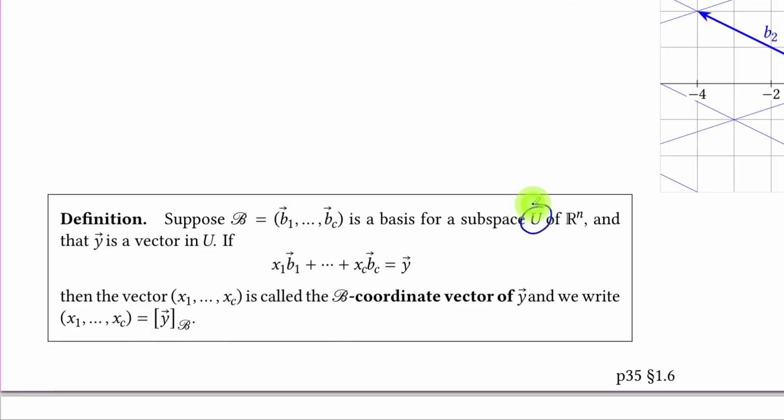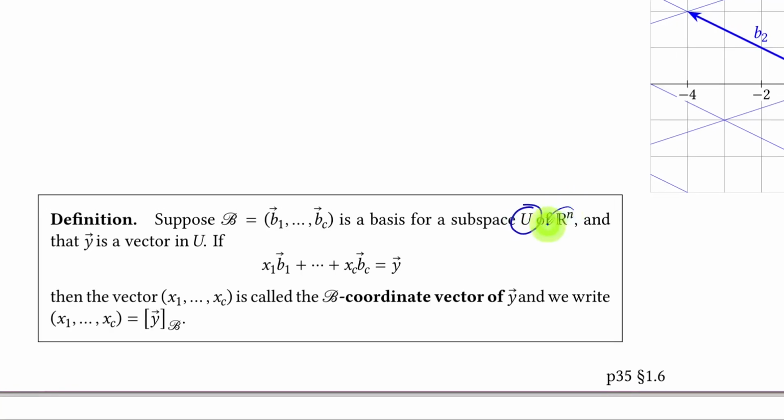Maybe U is like a plane in R3, or maybe U is like a 7-dimensional hyperplane in R12. Could be anything like that. Or maybe U is just like a line through the origin in R2. Or maybe U is Rn itself, right?